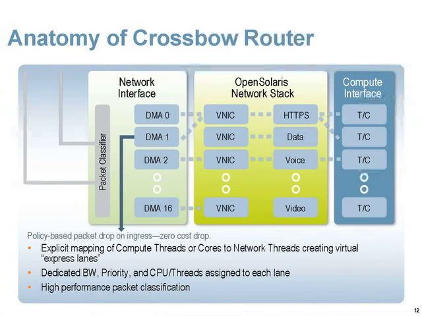For example, for video it is one, for data another, voice a third, and it also goes to our virtual NICs. And in this OpenSolaris network stack, we decide in the virtual NICs where our traffic will go by forwarding it to the exact DMA RX.